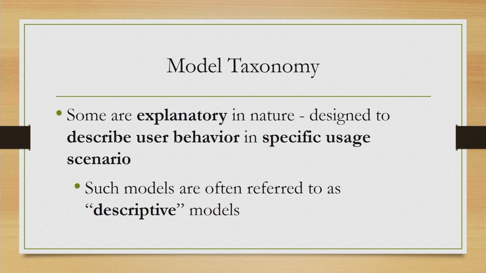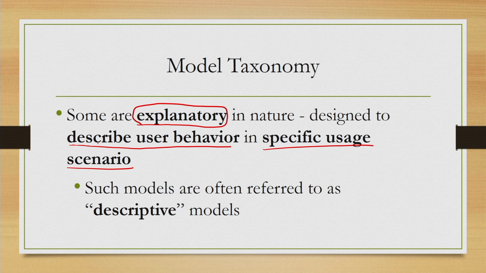Now, some of these models are essentially explanatory in nature. When we use the term explanatory, what we mean is that these models can be used to describe user behavior in a specific scenario.